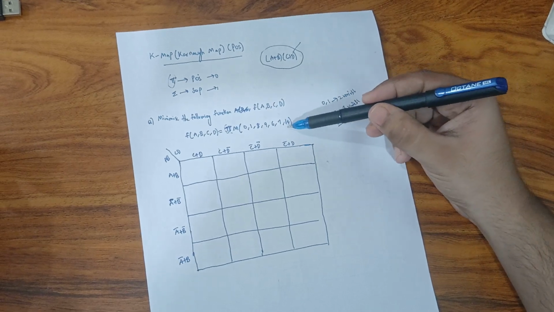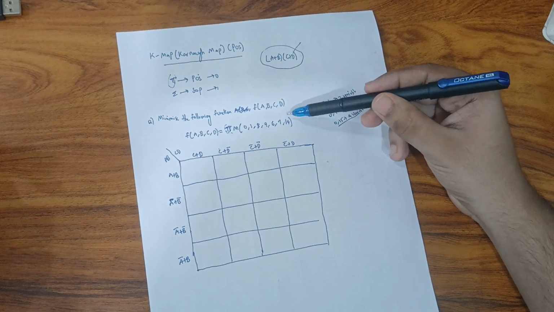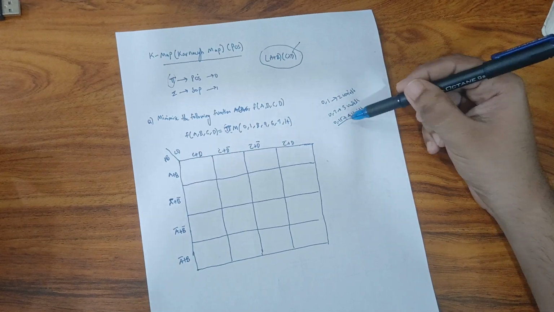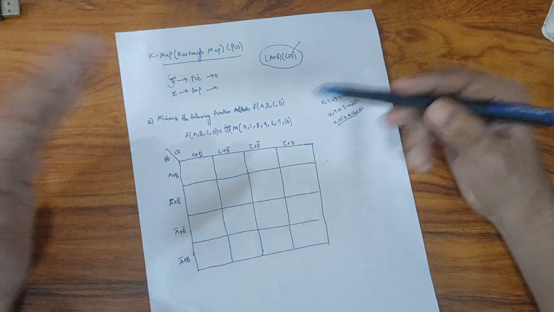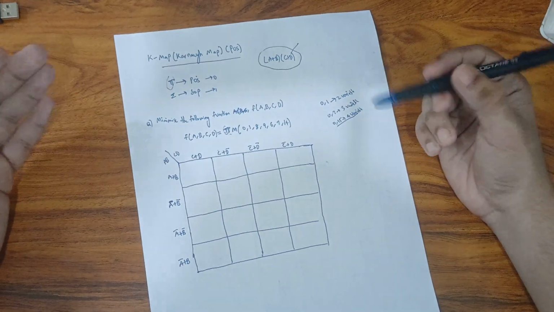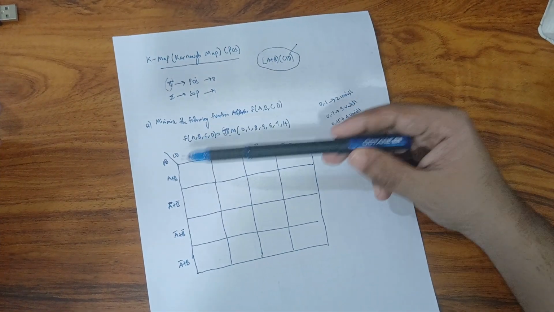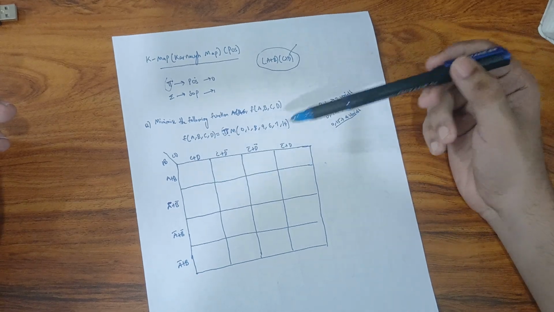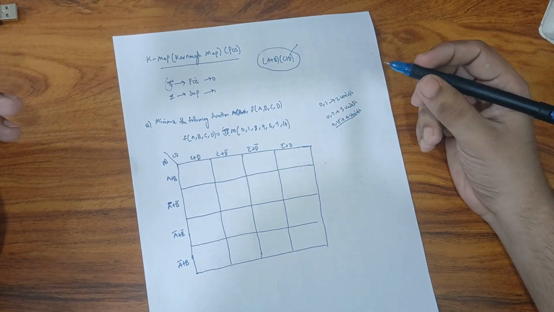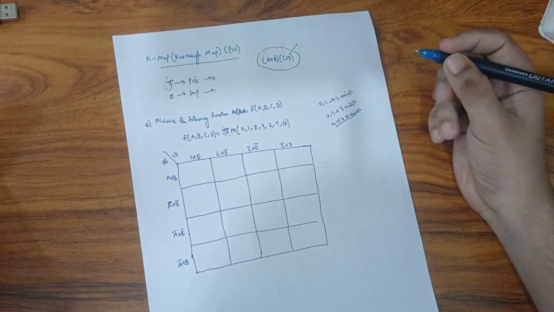So the highest min term we have right here is 14, so it's a 4 variable kmap, and we have to draw the 4 into 4 kmap essentially. So we need to substitute the variables in the row and column areas of each cell, and let us start substituting the min terms.